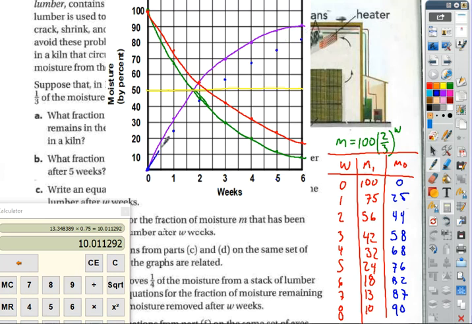Let's connect it. Oh, you know, if I had drawn this better, I think we'd be on that 50% line again. That's really kind of cool.